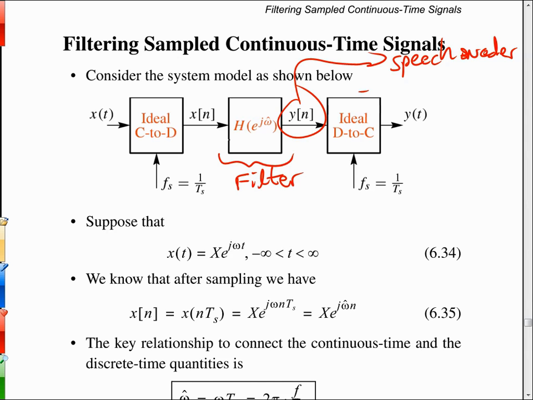That speech encoder would compress the speech so that it would take fewer bits per second to transmit it.